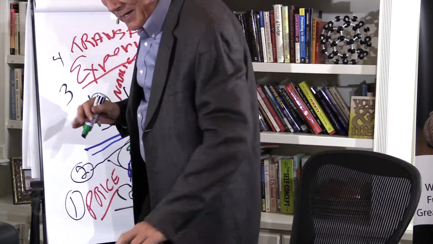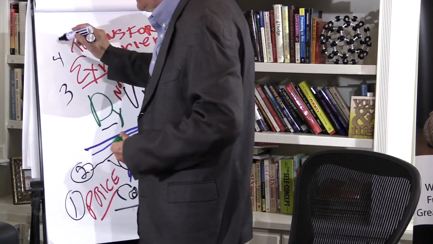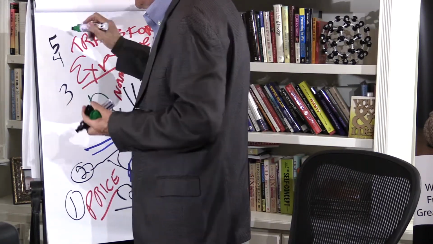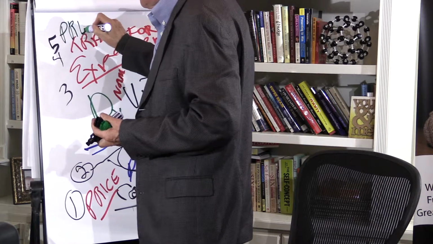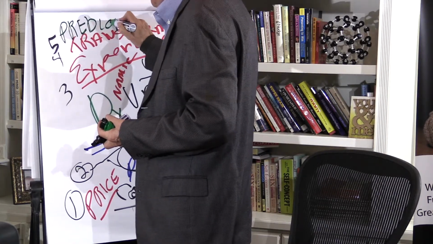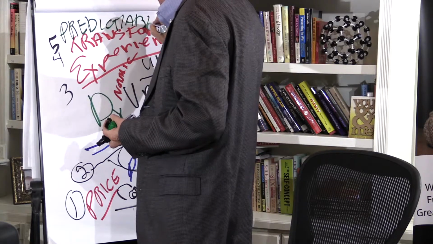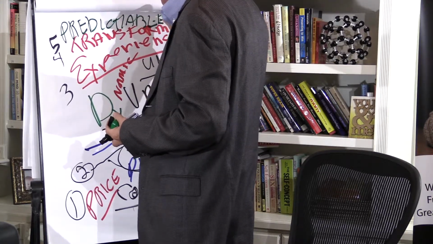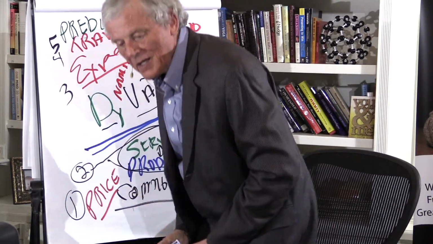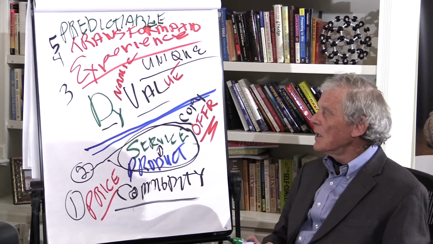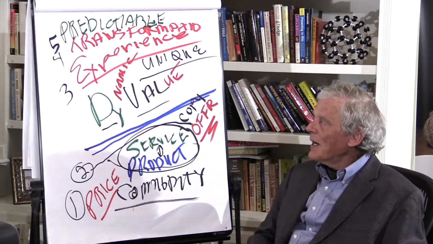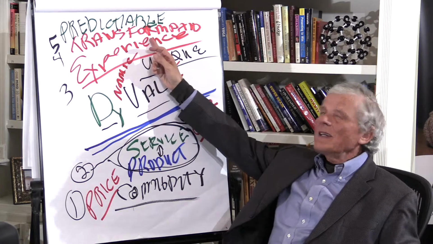So the number 5, which is critically important, is a thing called predictable transformation.